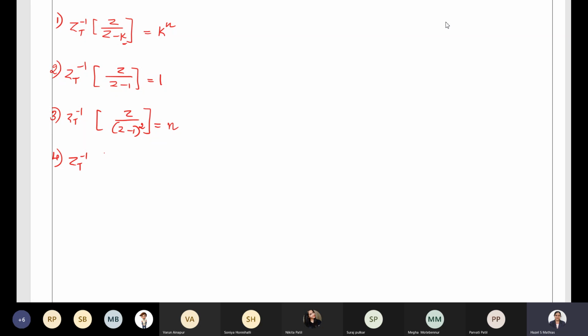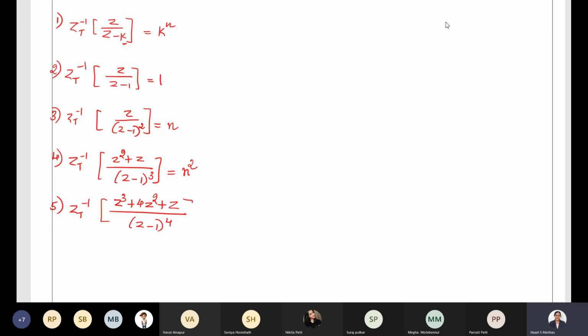Inverse Z transform of Z square plus Z divided by Z minus 1 whole cube is N square. Next, inverse Z transform of Z cube plus 4Z square plus Z divided by Z minus 1 whole power 4 is N cube.